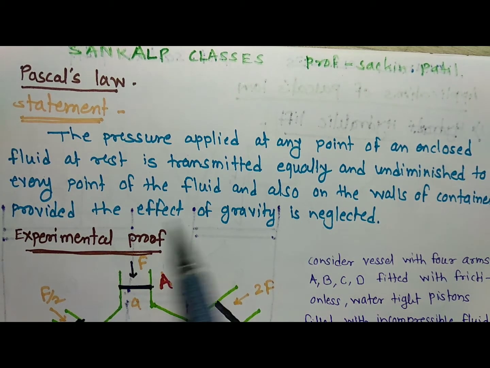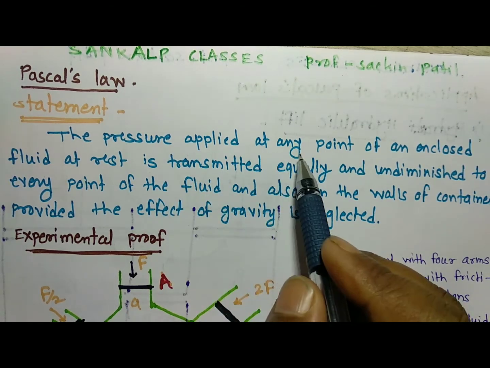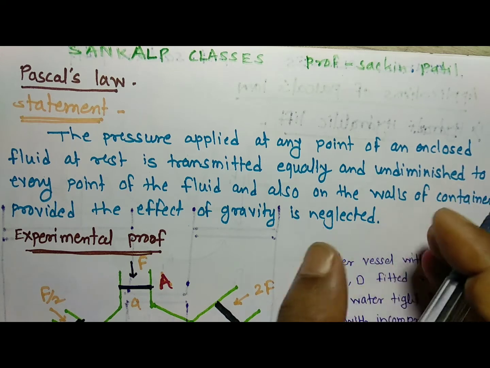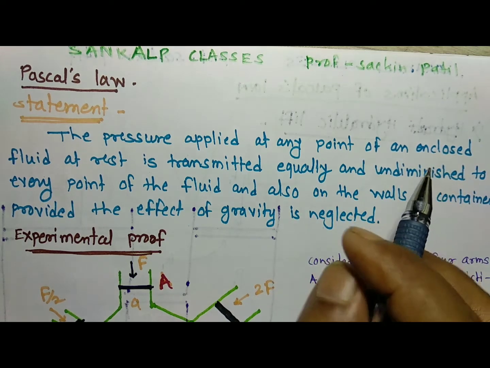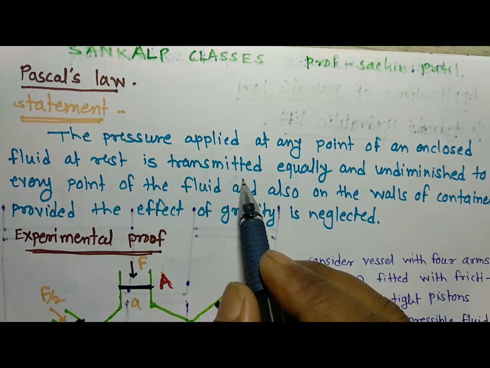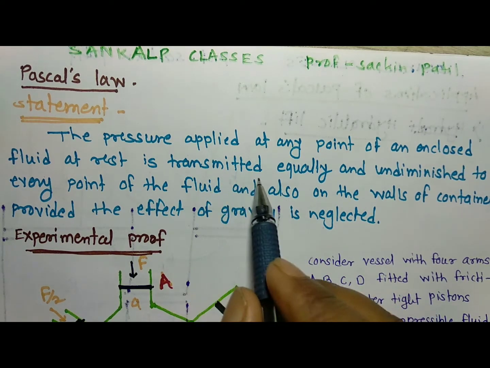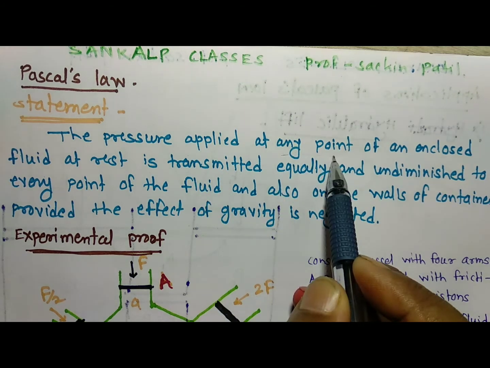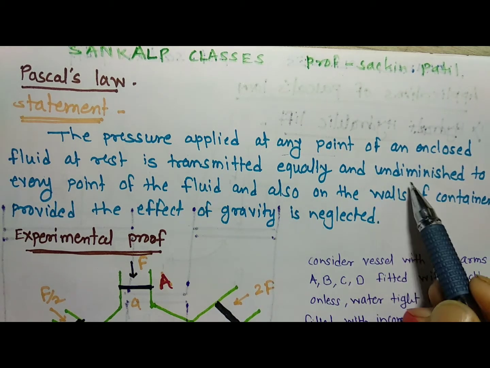What does it mean? First of all, pressure. When we apply a pressure on one point of the enclosed fluid placed in a vessel, at that time the fluid at rest transmits it equally. That means the force or the pressure which is applied at any one point is transmitted equally and undiminished.